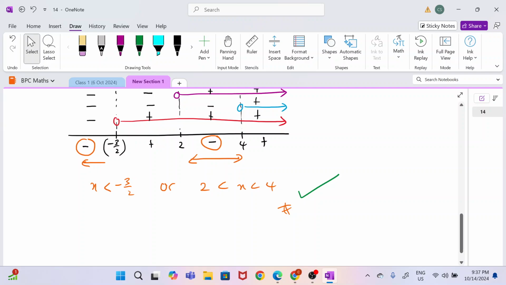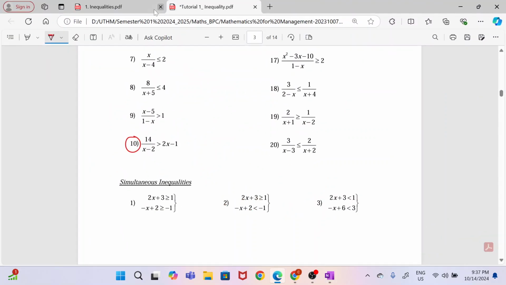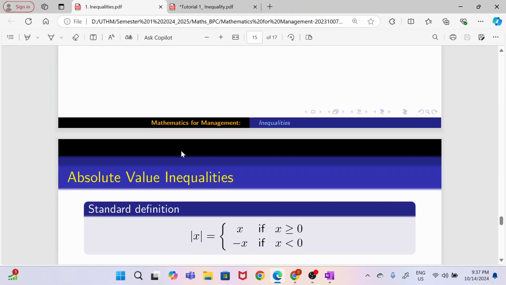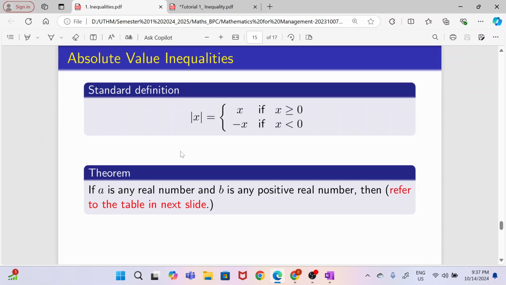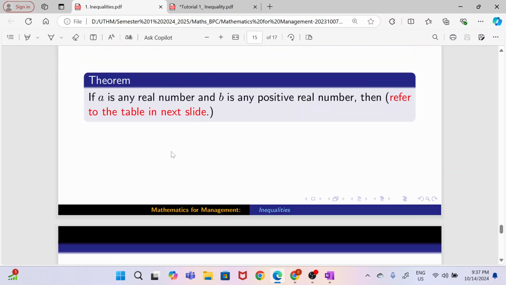Okay, today we're going to do, supposed to start with absolute value inequalities. Okay, this one done, all done. So we are going here now, absolute value inequalities.